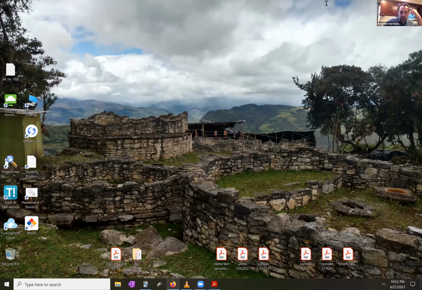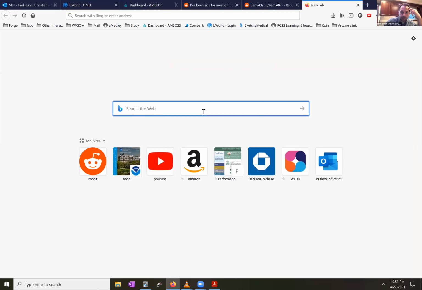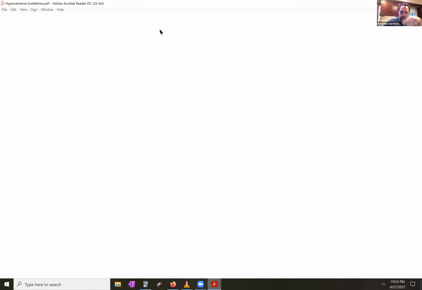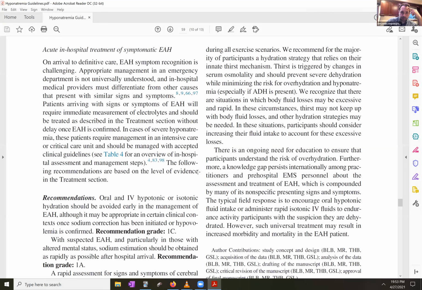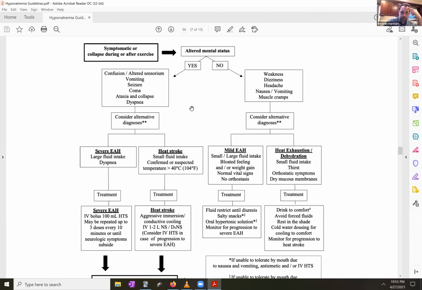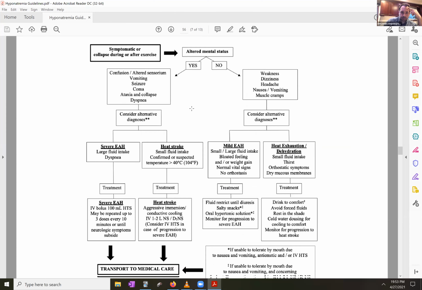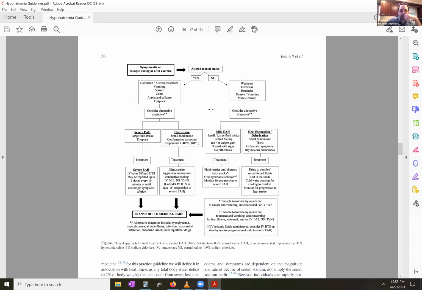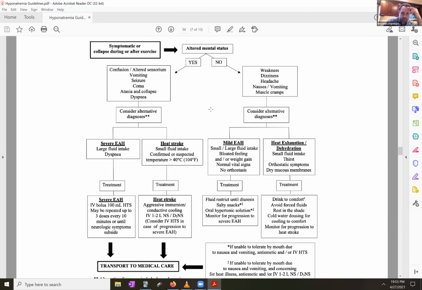So the main treatment algorithm page where they show the algorithm going down through the mild and severe treatment of hyponatremia. Let me zoom this out. That's good. You can actually zoom back in a little bit so people can read a little bit easier, but that actually works pretty well.